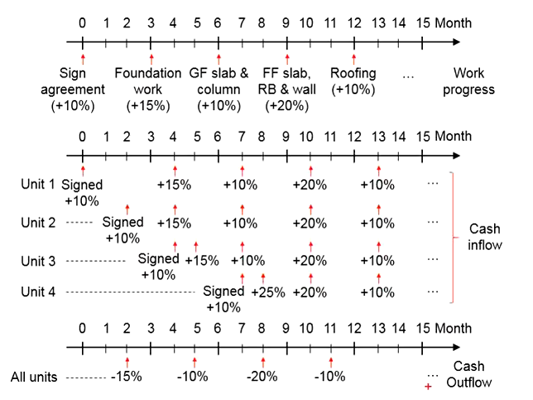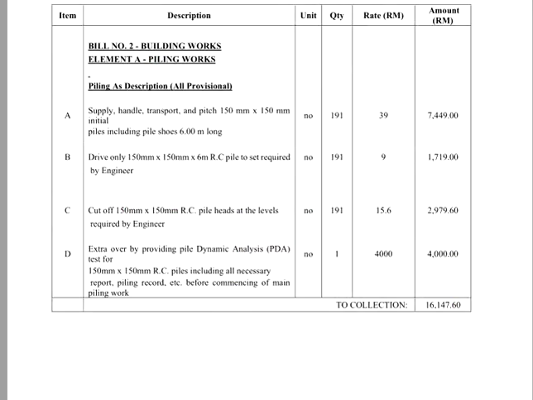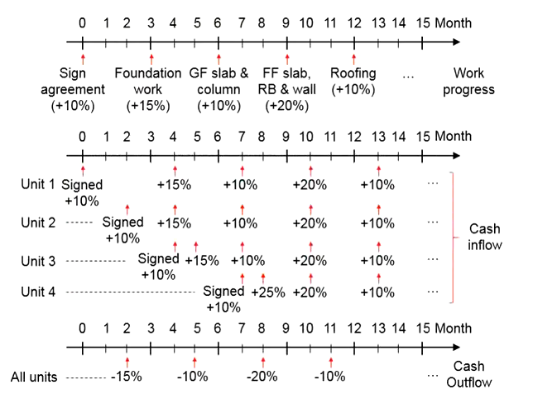However, when you compute the cash outflow, the numbers are not based on the payment schedule. You have to refer to the numbers as computed in the bills of quantities, as this will represent the actual cash outflow for your project.